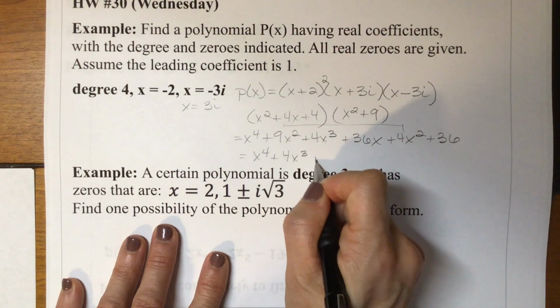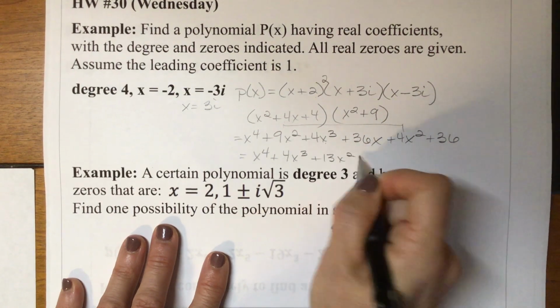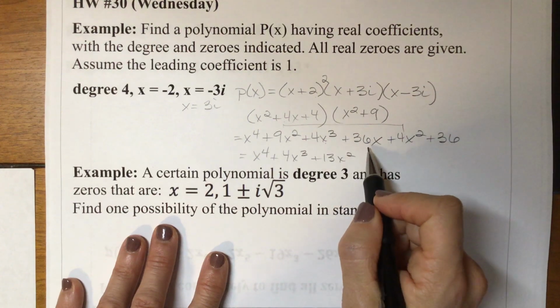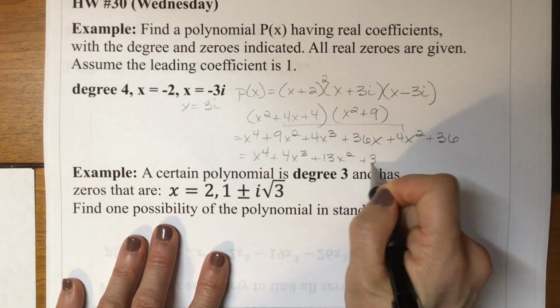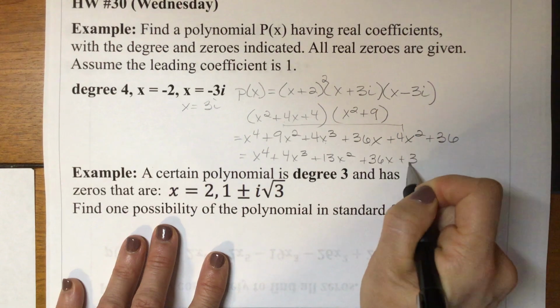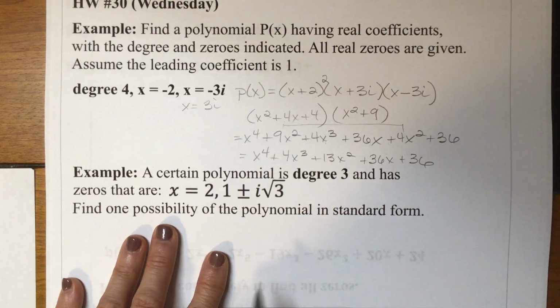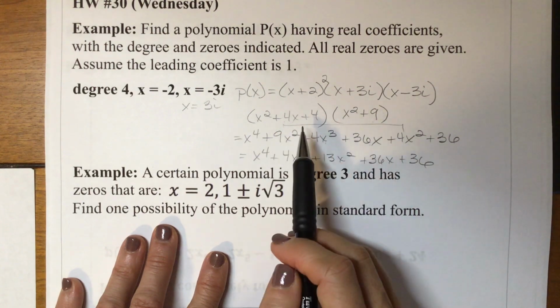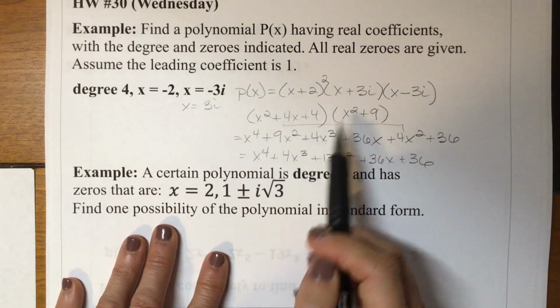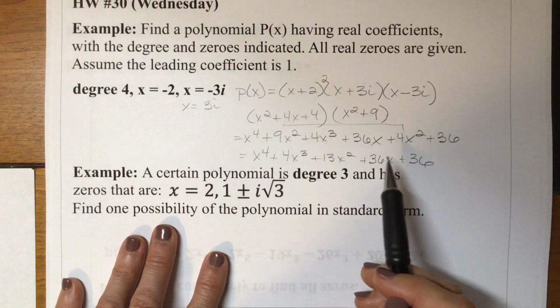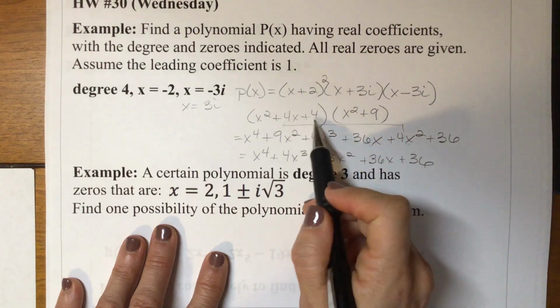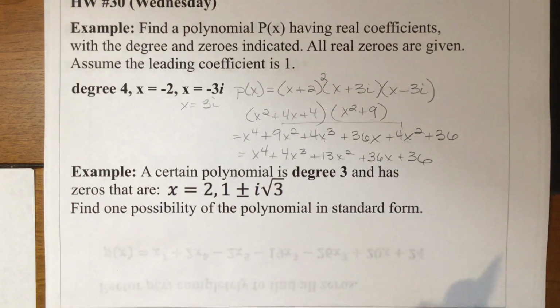So I have plus 13x squared, and then I have 36x and plus 36. All right, so just making sure I did all this right. Yep, so that is our polynomial.